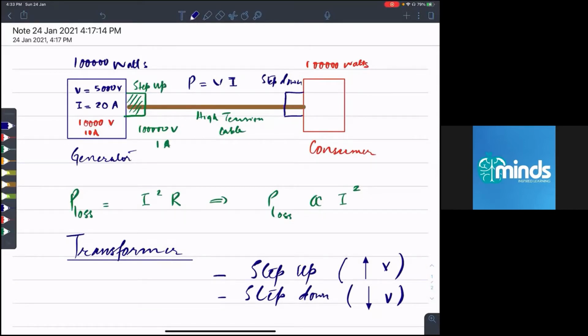And after that, it is up to the consumer what potential difference he needs. He needs 5 volt, he needs 12 volt, he needs 16 volt, he needs 9 volt. He must be using an adapter. That adapter must have a transformer inside it, which is a step down, that will transform that 240 volt to 5 volt or 9 volt.